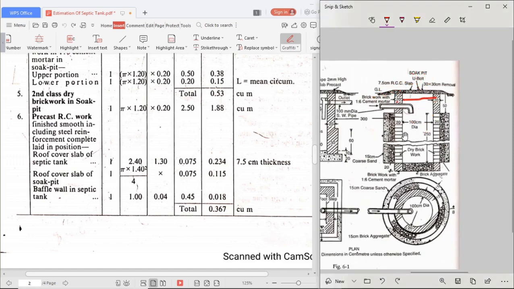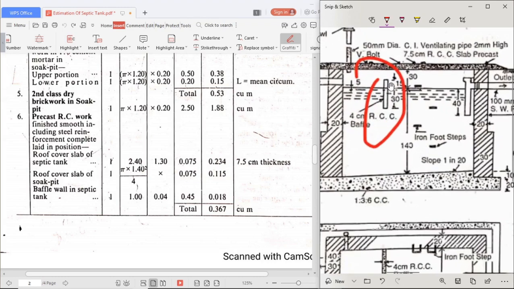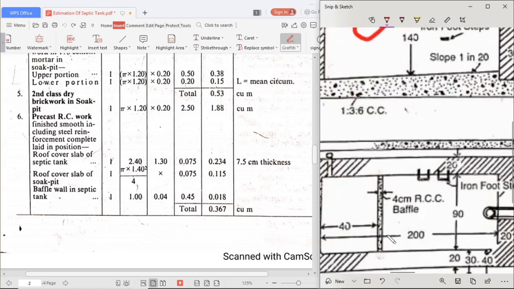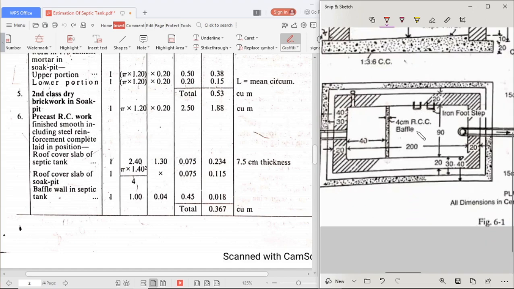Then after the estimation of the slab, what is remaining? We are seeing here the baffle wall. The length can be seen in the shorter direction of the septic tank in the top view. See here, 90. For its fixation some bearing is required, that is 90 plus 5 plus 5.